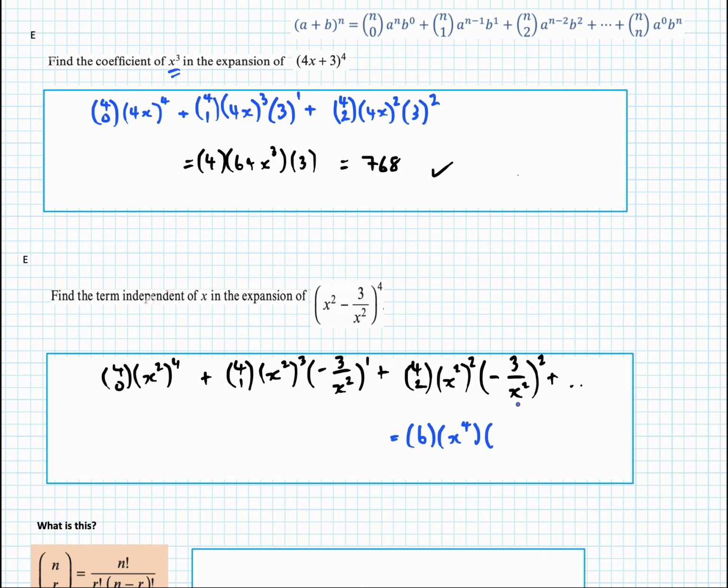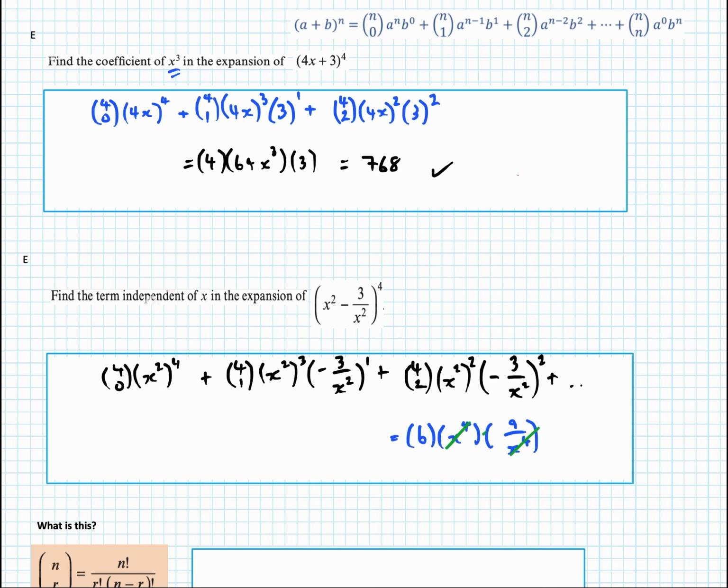And this one now, minus 3 times minus 3 is 9. Careful of your minus sign. And x squared to the power of 2 is again x to the 4. Now on our denominator and our numerator we have the same value of x to the power of 4. Remember that these are multiplying, so that cancels out.